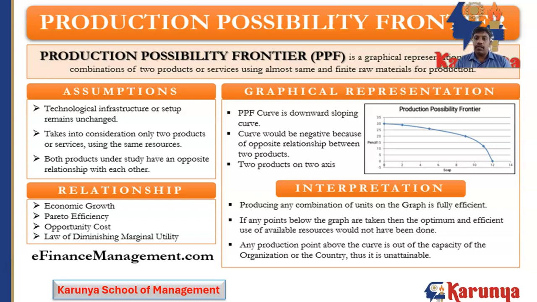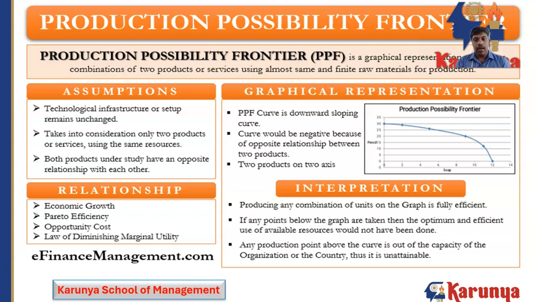The technological infrastructure or setup remains unchanged while we are using the PPF, and it takes into consideration only two products or services using the same resources, and both products under study have an opposite relationship with each other. And the relationship: the PPF is closely connected with economic growth, Pareto efficiency, opportunity cost, and the law of diminishing marginal utility.